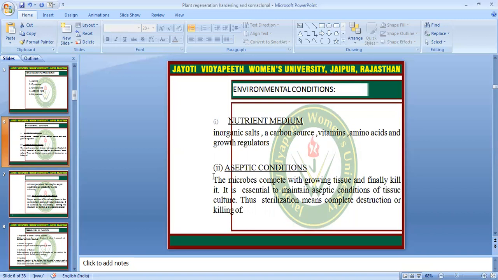For that, first of all we have to sterilize all the things like glassware and distilled water, and after the preparation of media, we again have to do the autoclaving process. Each and every step requires sterilization. Before using the explant, we have to sterilize the explants also.